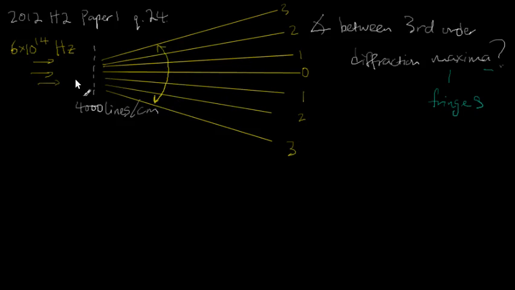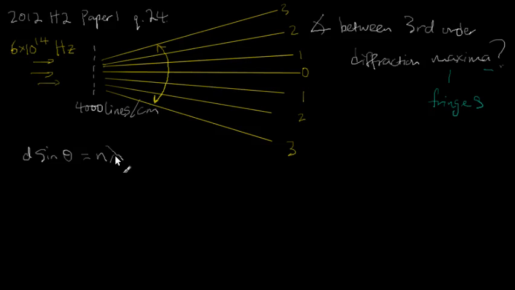So now let's think back at the formula that we normally learn for the diffraction grating. The formula for diffraction grating is d sine theta is equal to n lambda. If we just recall this formula, then the angle theta here refers to the angle between the central fringe, or the zero order fringe, and the third order fringe.